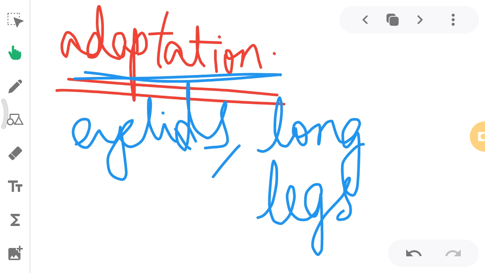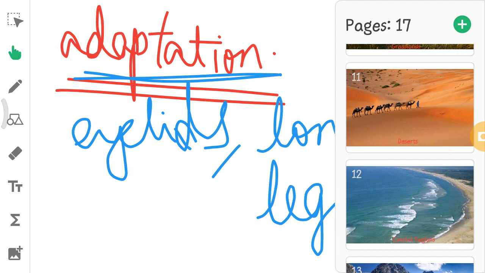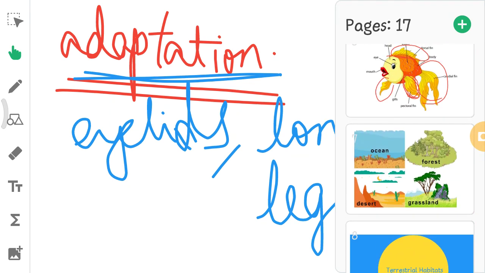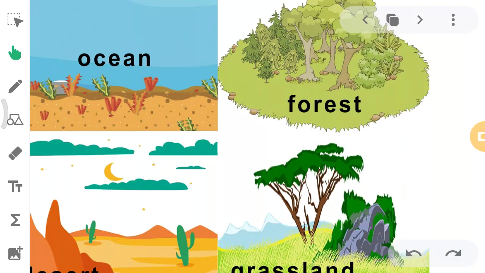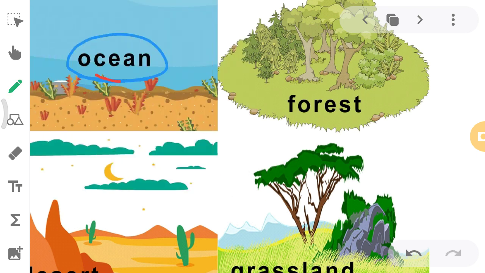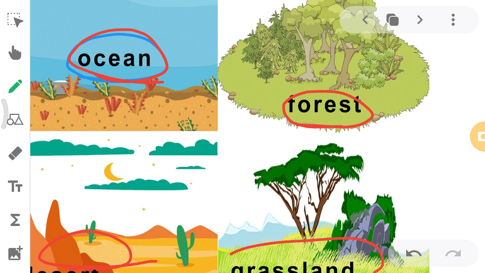Now, the place where organisms live is called habitat. What is it called? Habitat. Now, let's learn about the habitat. So, there are number of habitats. See, we have oceans, we have forests, then we have deserts, we have grasslands.